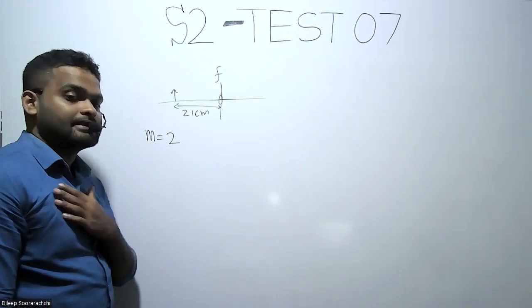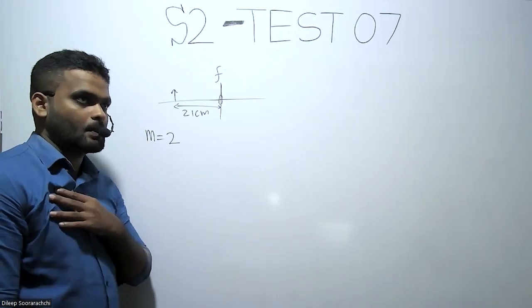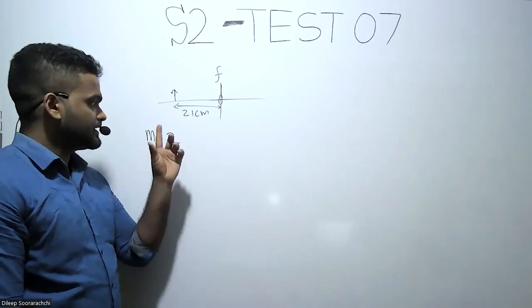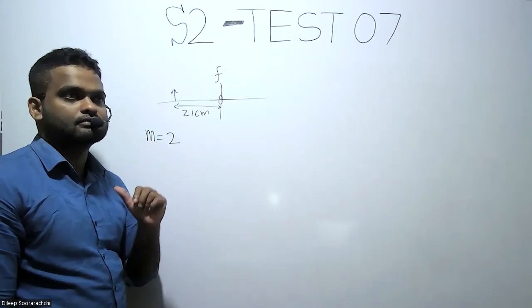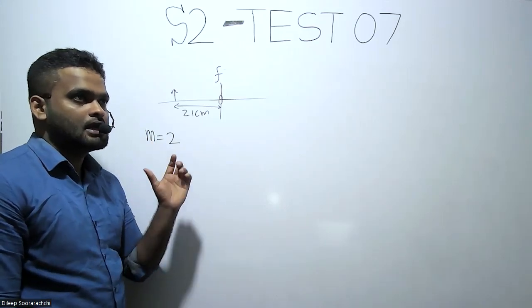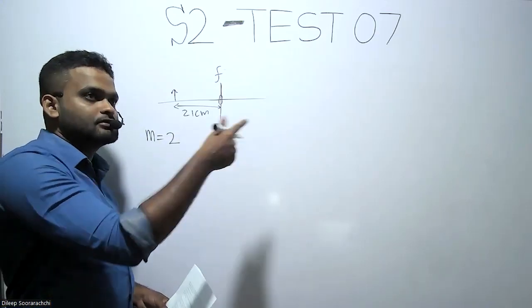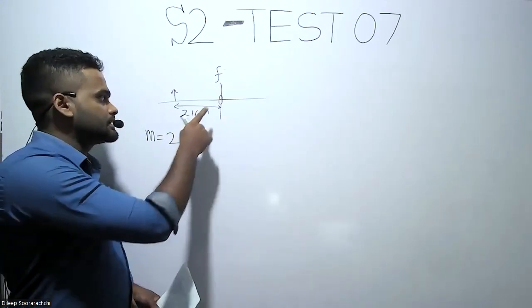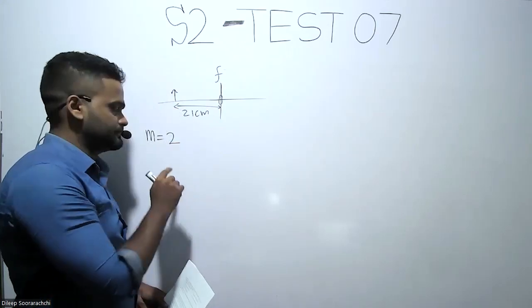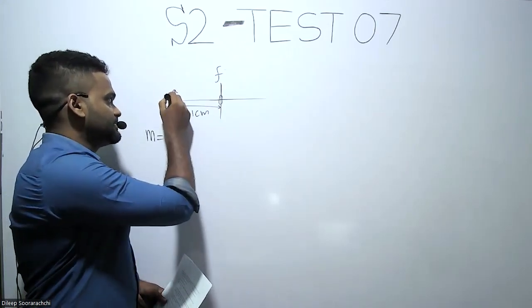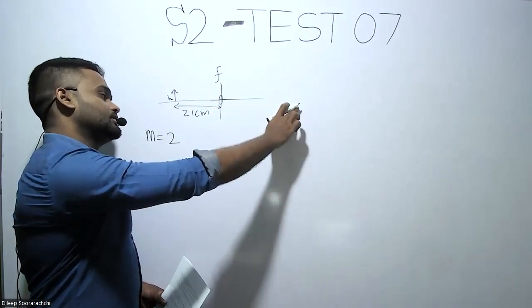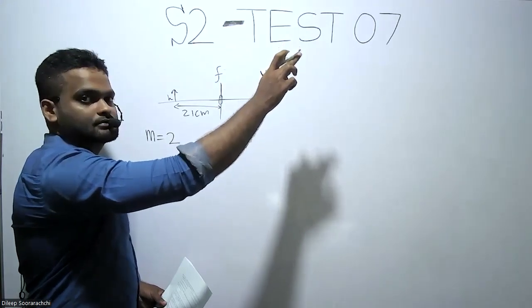So what they say is linear magnification is 2, meaning the size of the image should be 2 times the size of the object. So if this is h, the size of the image should be 2h.